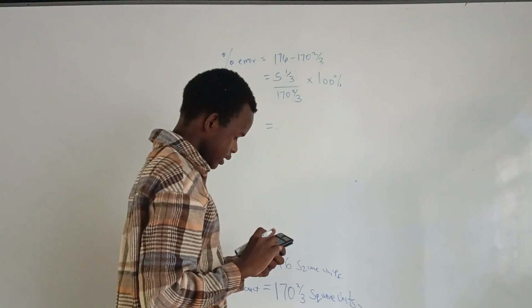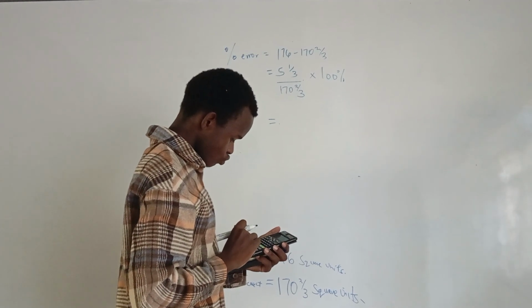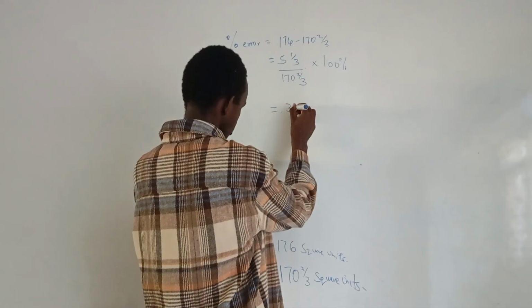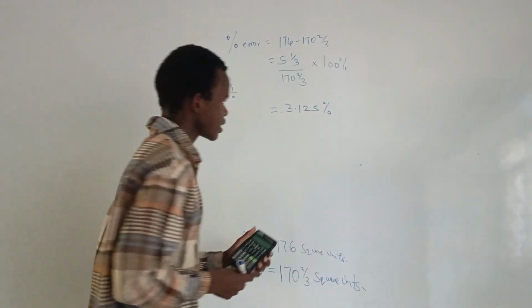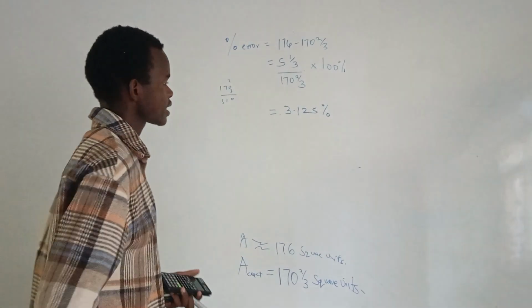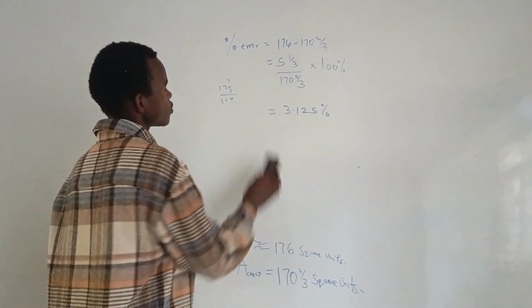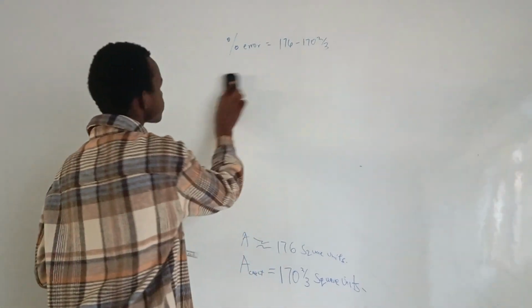What will be our answer? So we'll get 3.125%. That's our percentage error. But for this case, it's unnecessary, I was just showing how to calculate that.